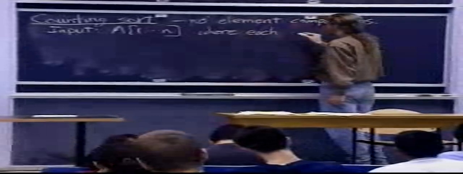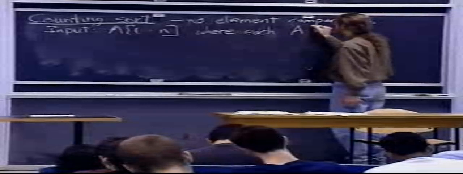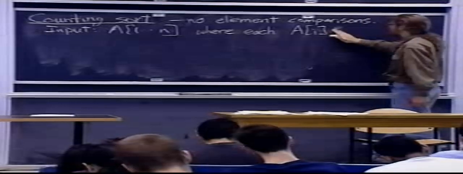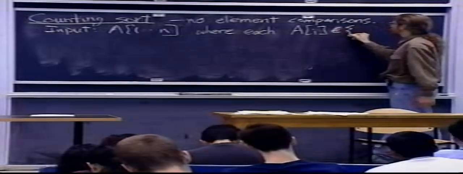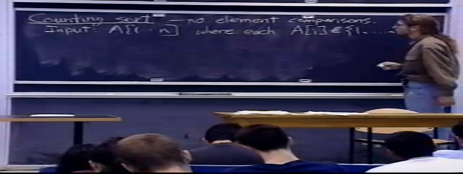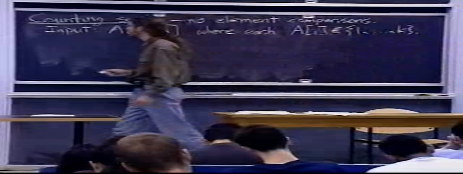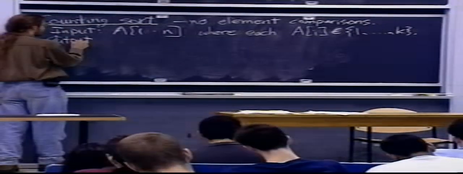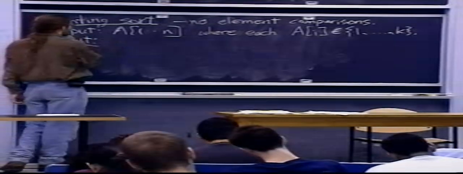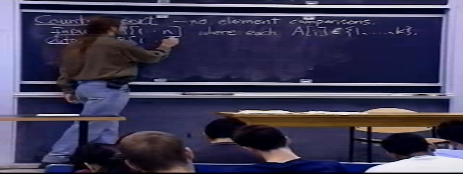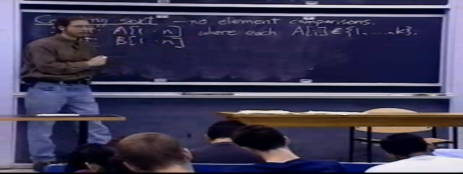This is going to assume something about each AI, that it's an integer in the range from 1 to k. And the output will be the sorted version of that array. So we're sorting numbers, but we have some bound. We know how big the numbers can get. They can get at most k large.